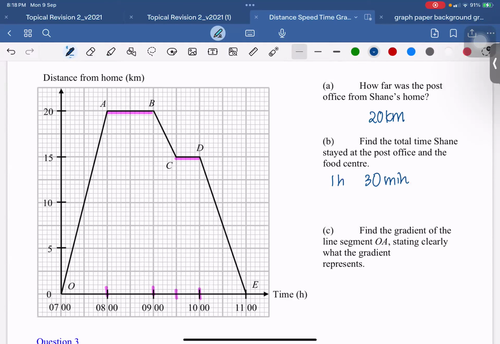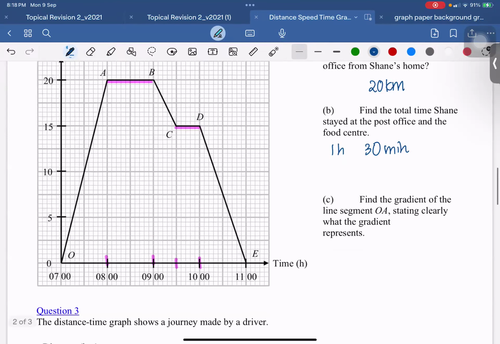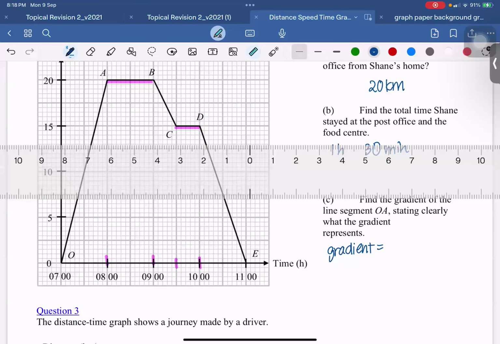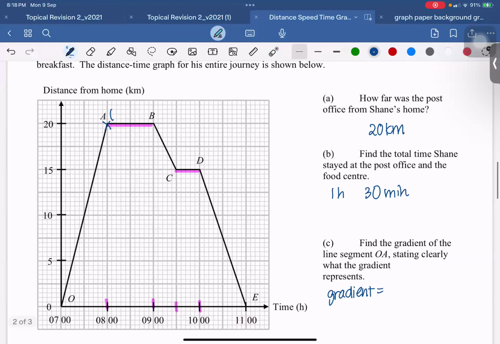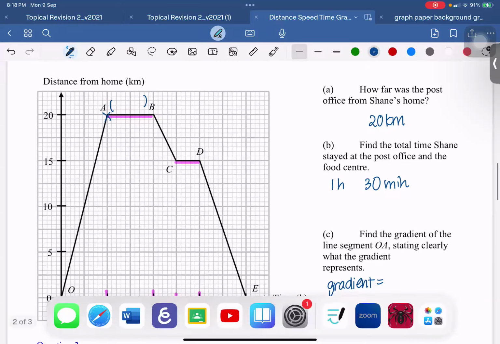Next part, find the gradient of the line segment OA. How do we find gradient? Y2 minus Y1 over X2 minus X1. Correct. They want O to A, right? So O to A over here, this point is Y2 minus Y1.